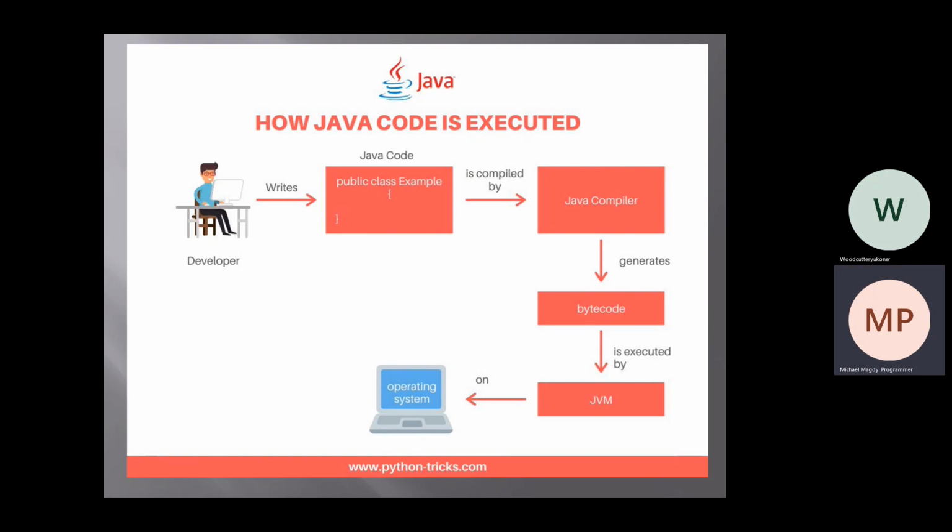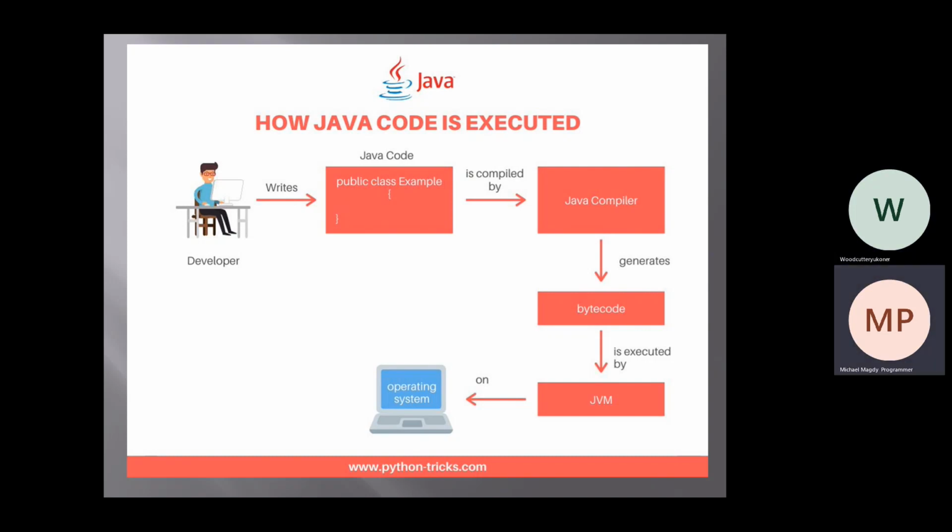If there is no error, it makes its second task: the Java compiler compiles the code and generates bytecode. After that, the JVM, or Java virtual machine, receives the bytecode and converts it into machine code, which runs on any hardware or any operating system.